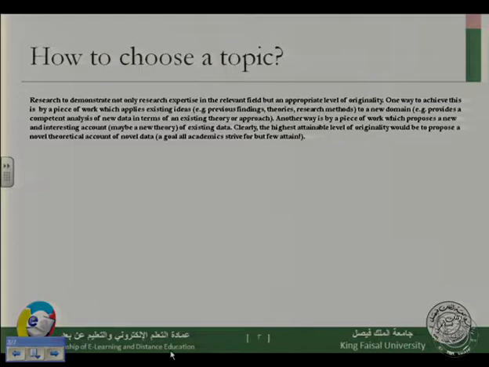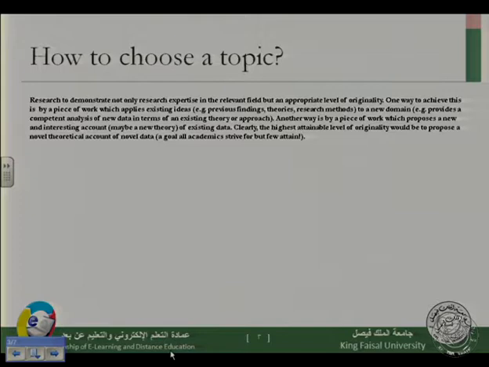Well, that theory was researched in terms of psycholinguistics, things that have to do with mind and processing, learning. But no, I want to apply that theory to a different domain, to sociolinguistics, how people interact with society and people. So this is one way to find a topic.